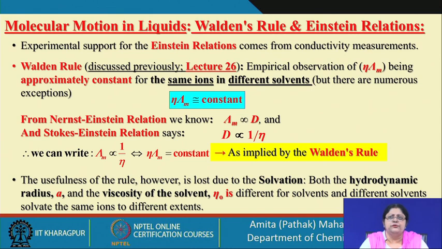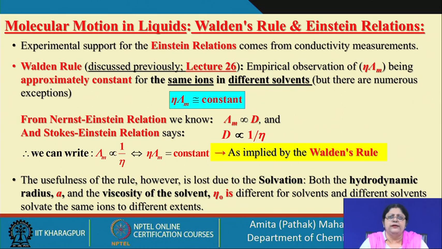The usefulness of Walden's rule, however, gets complicated or is lost due to the solvation effect, because in both the relationships you have a hydrodynamic radius and the viscosity coefficient associated.